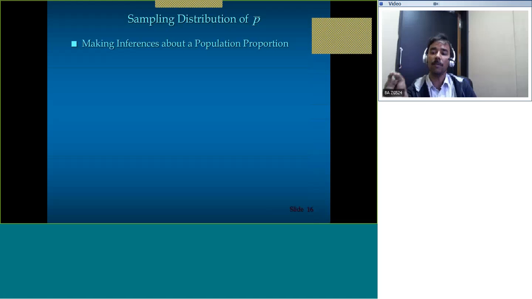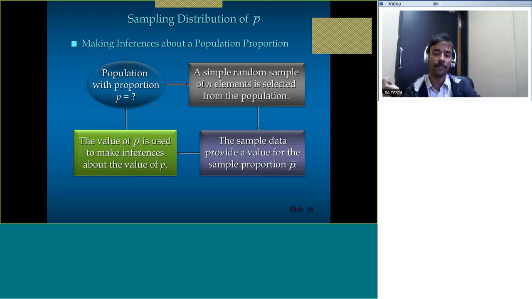For the random variable P bar, I want to calculate the probability distribution. That is known as the sampling distribution of P bar. Once you know the probability distribution of P bar, it is easy to calculate the expectation, variance, and standard deviation of the random variable P bar. That also we did.